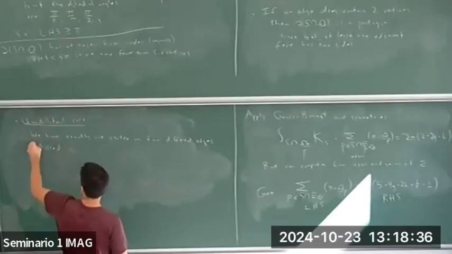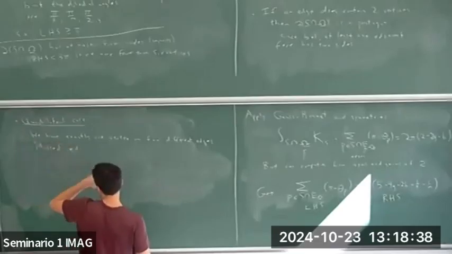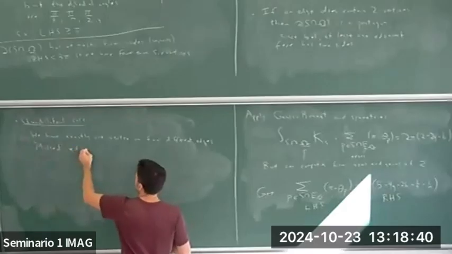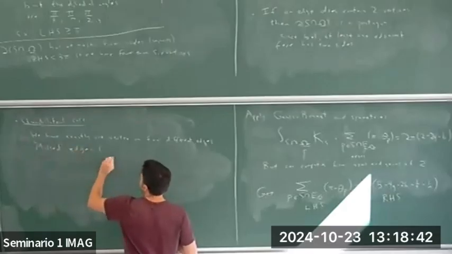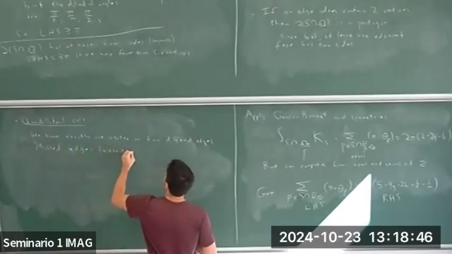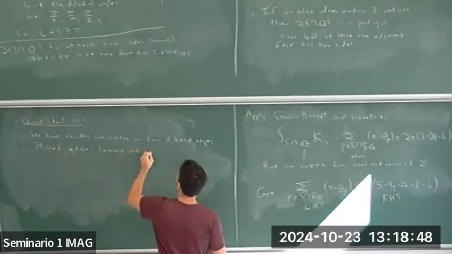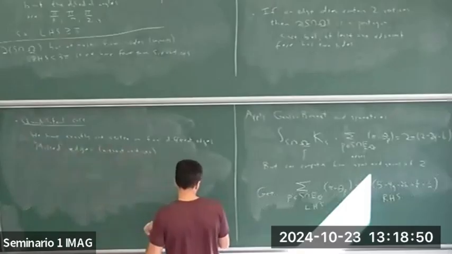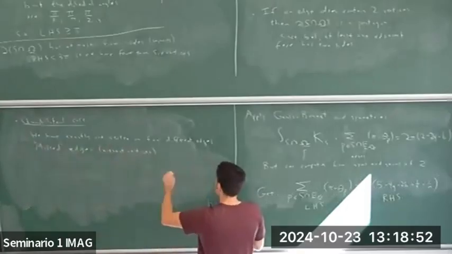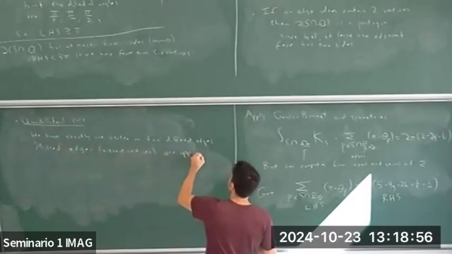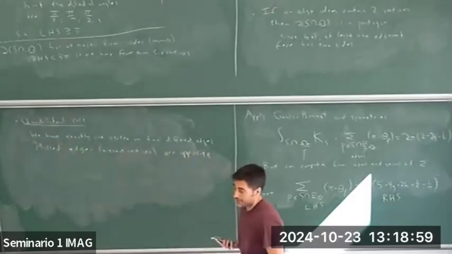The missed edges, I just mean the ones that are missed by S, so they don't have vertices. There are opposite edges on the tetrahedron.